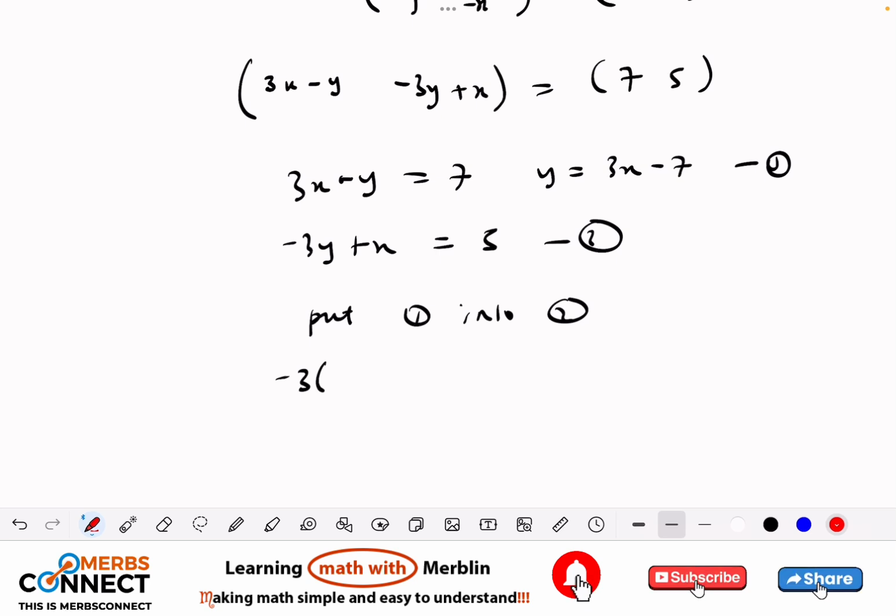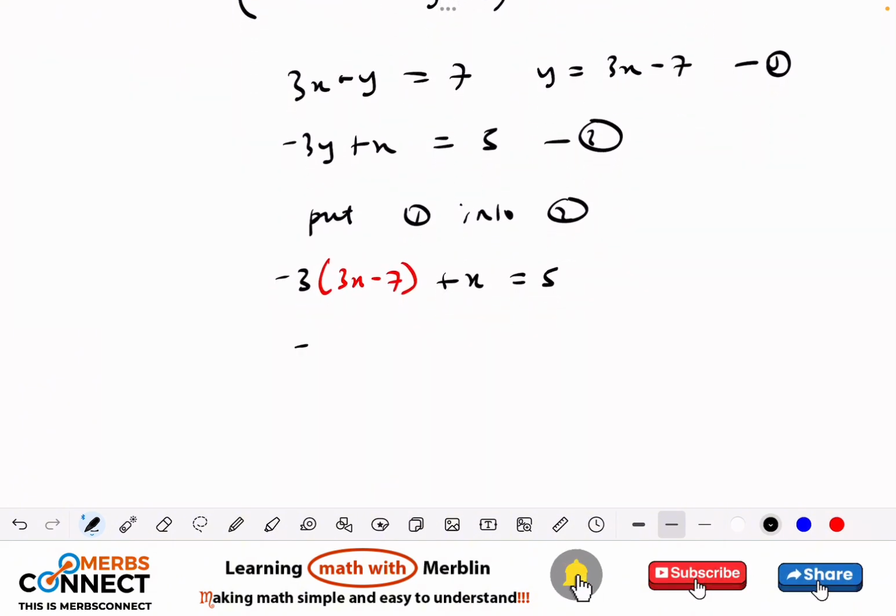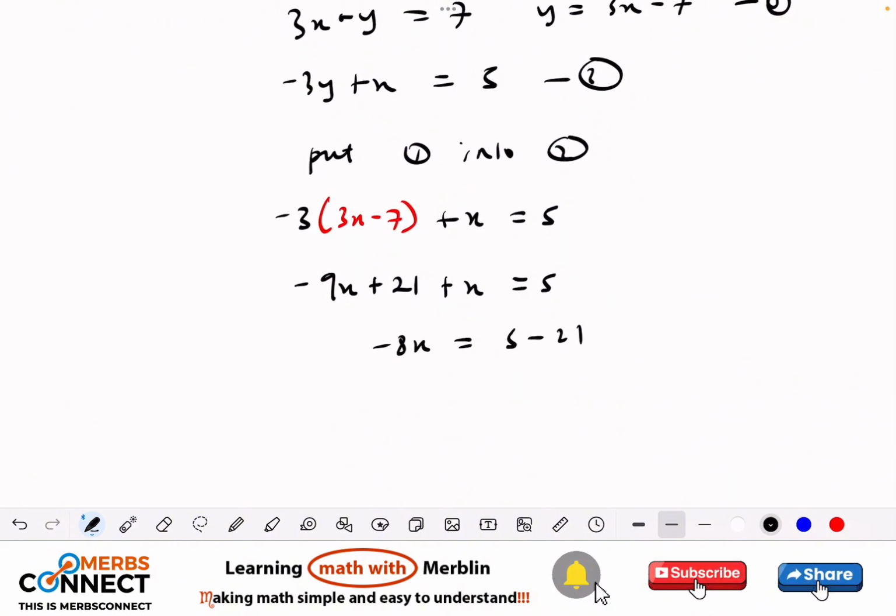So I'm going to have y is 3x minus 7, then plus x is equal to 5. So when I multiply, I'm going to have minus 9x plus 3 times 7 is 21 plus x is equal to 5. Minus 9x plus x is minus 8x, which is equal to 5 minus 21. Then I'm going to have minus 8x equals minus 16. And when I divide minus 16 by minus 8, x is 2.